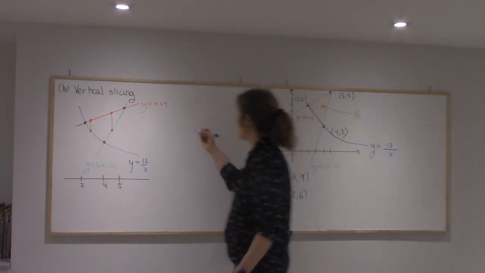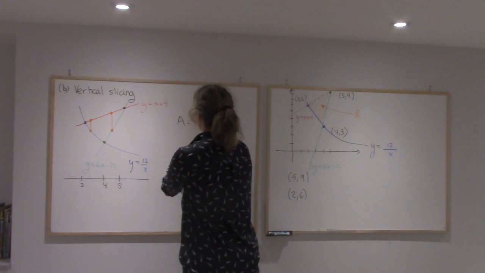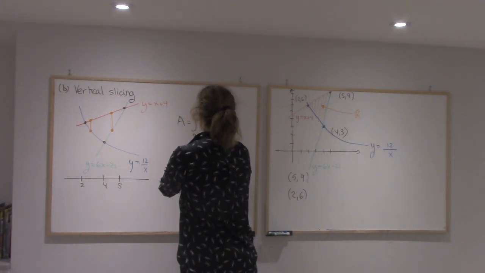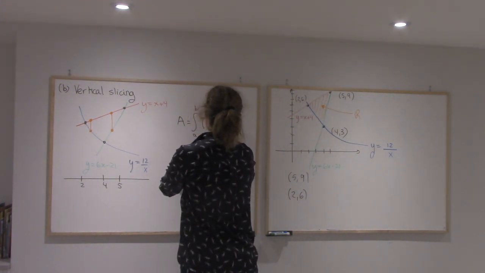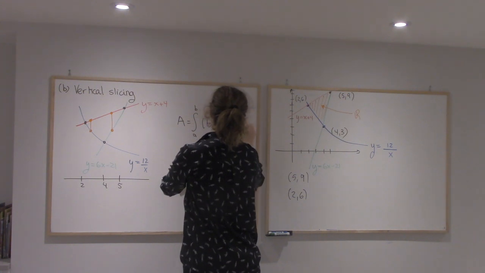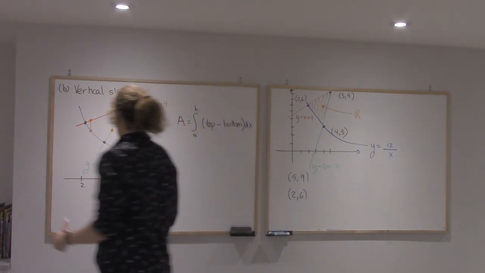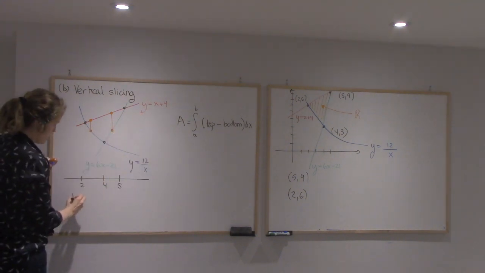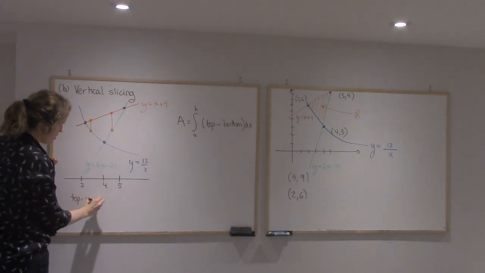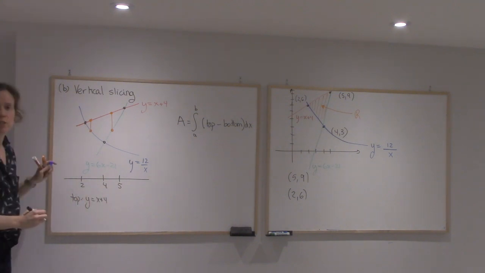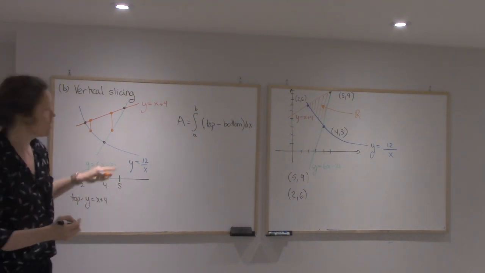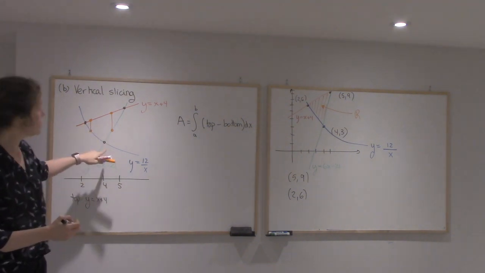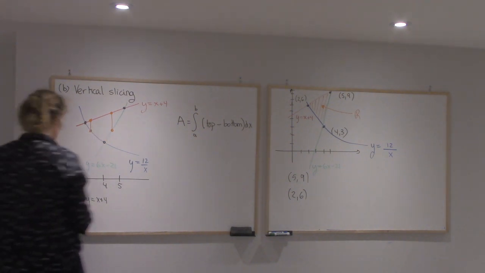So my area here is the integral from a to b of top minus bottom. Top will always be y equals x plus 4, no issues there, but bottom will switch. Bottom at first is the blue curve, and then it becomes the green curve.